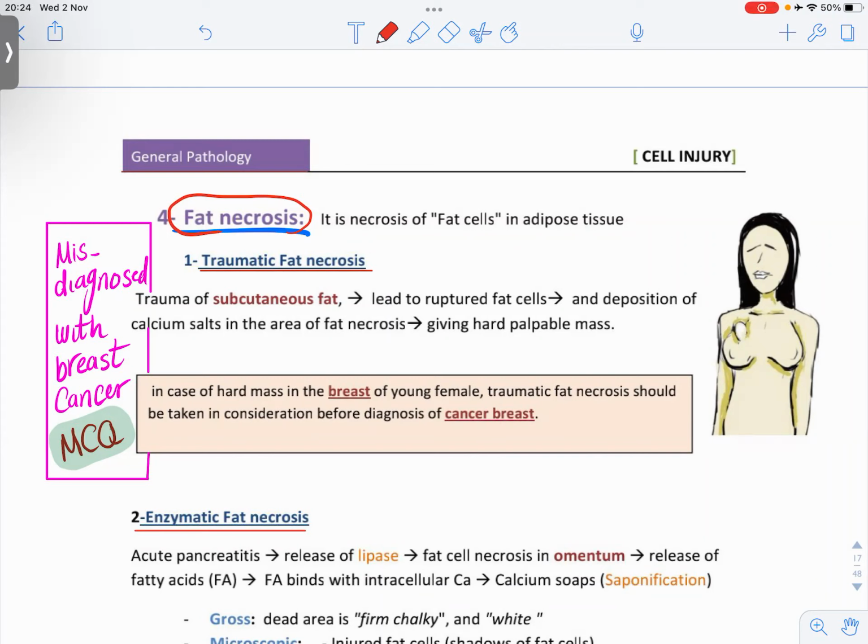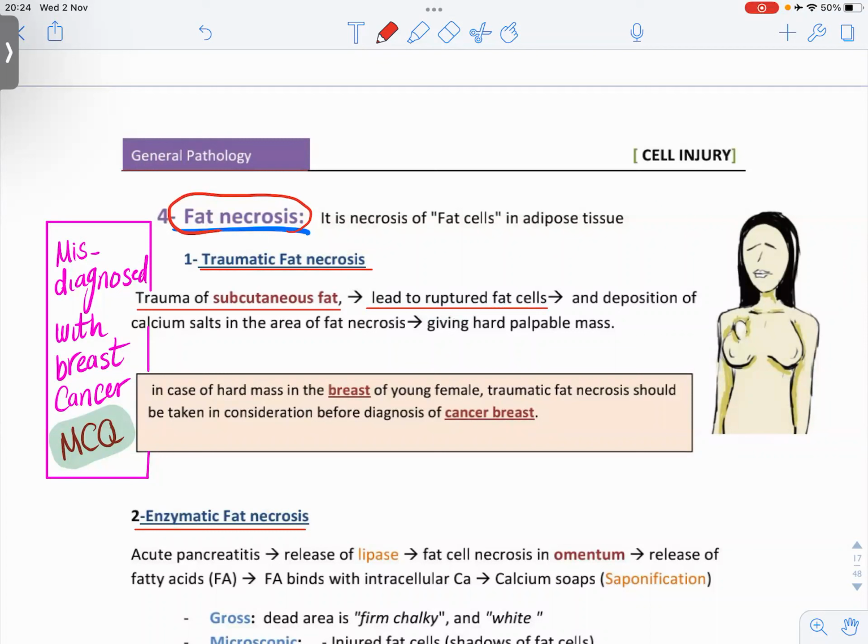Why? During the accident, the trauma to the subcutaneous or fat tissue leads to rupture of fat cells. So the fat cells inside the breast are ruptured.